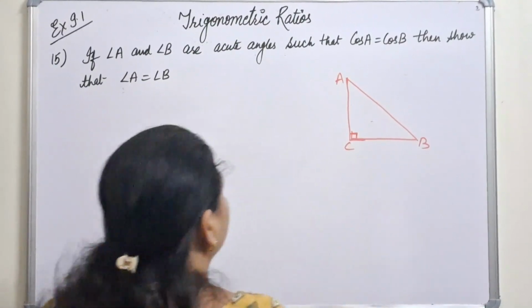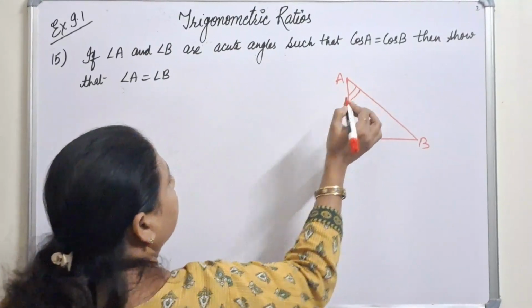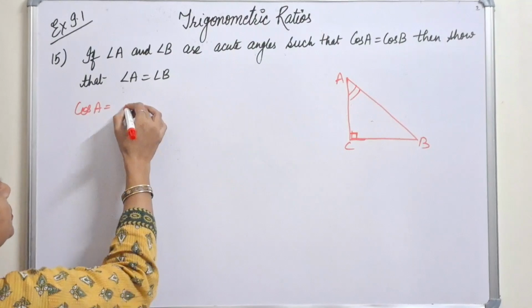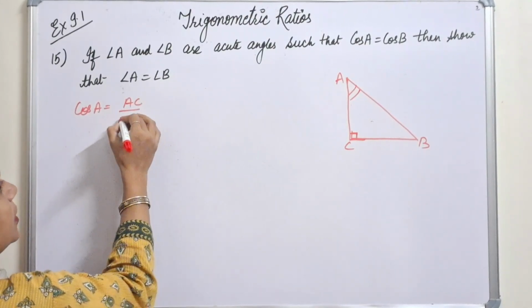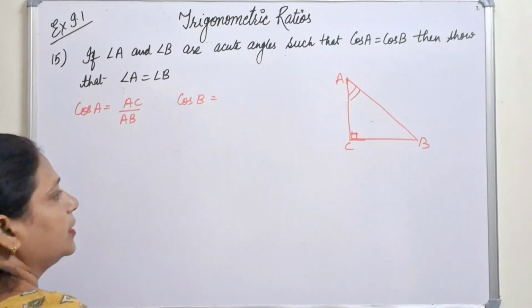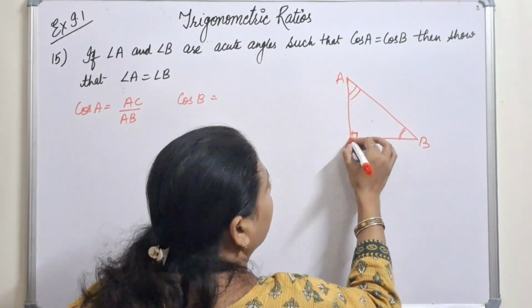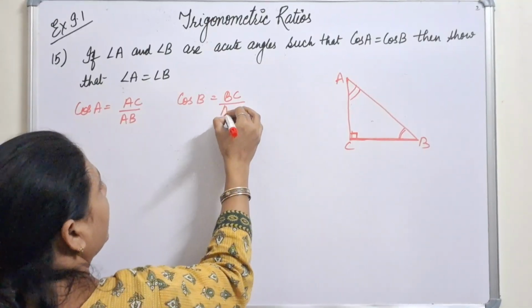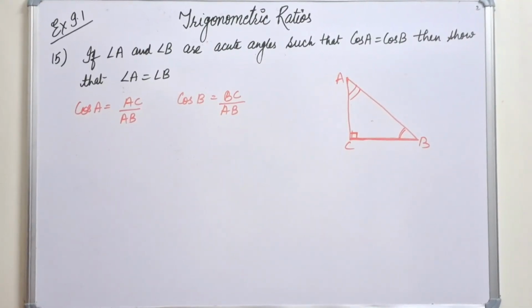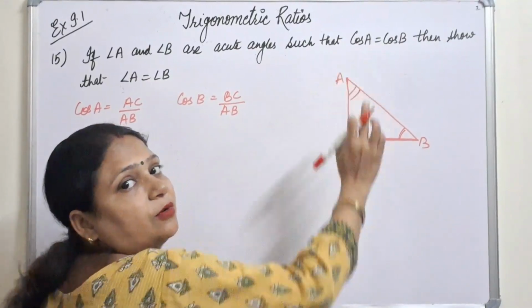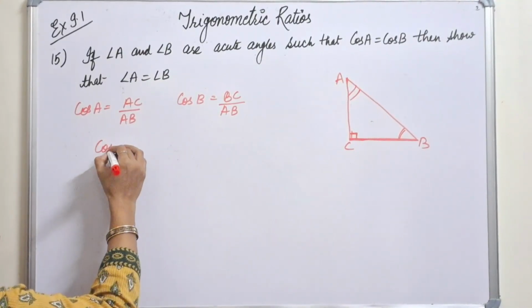And with respect to A, if we see, cos A will be base upon hypotenuse, that will be AC upon AB. And with respect to B, if we see, base will be BC upon hypotenuse AB. And in the question it is given that cos A is equal to cos B. So we'll be substituting the value.